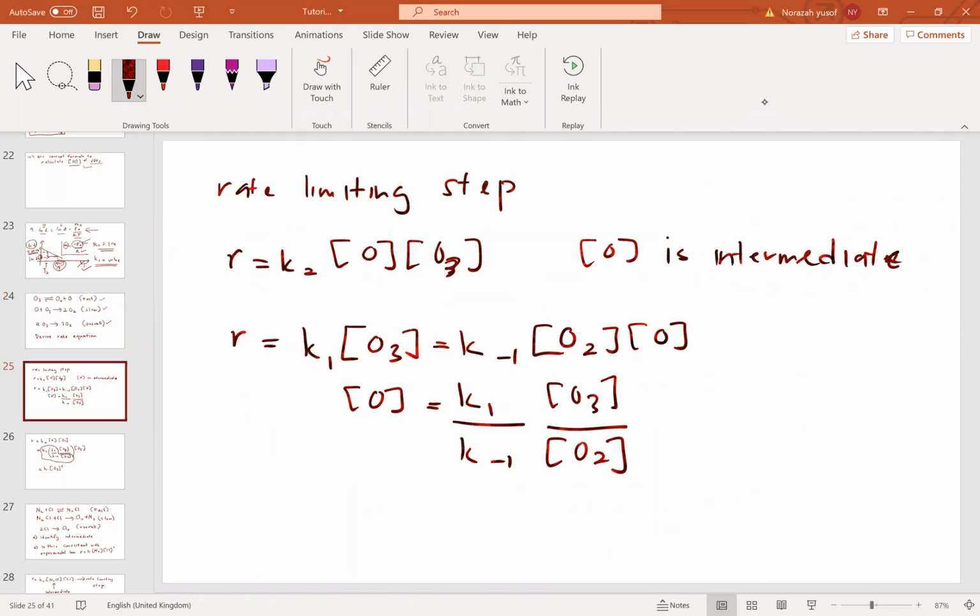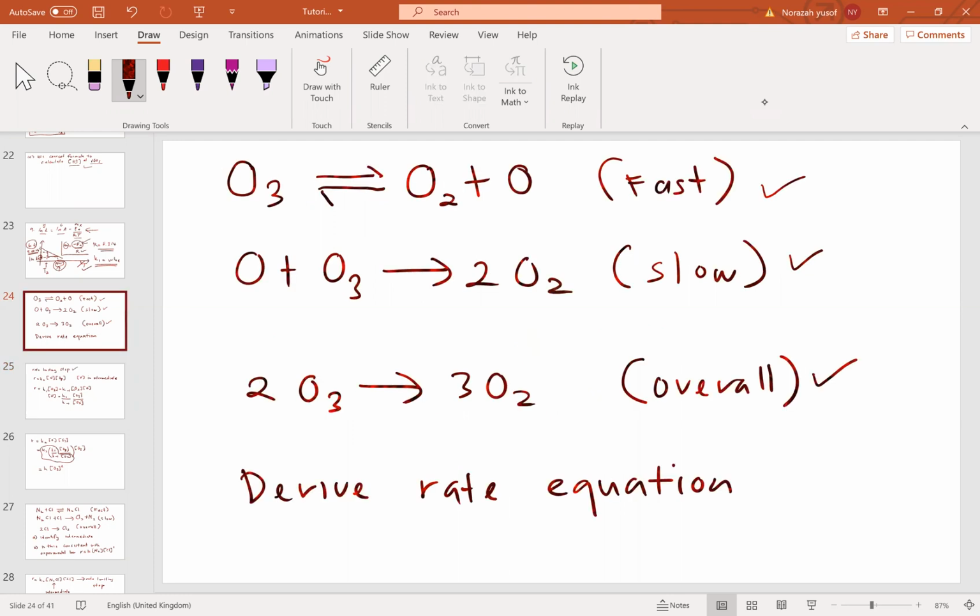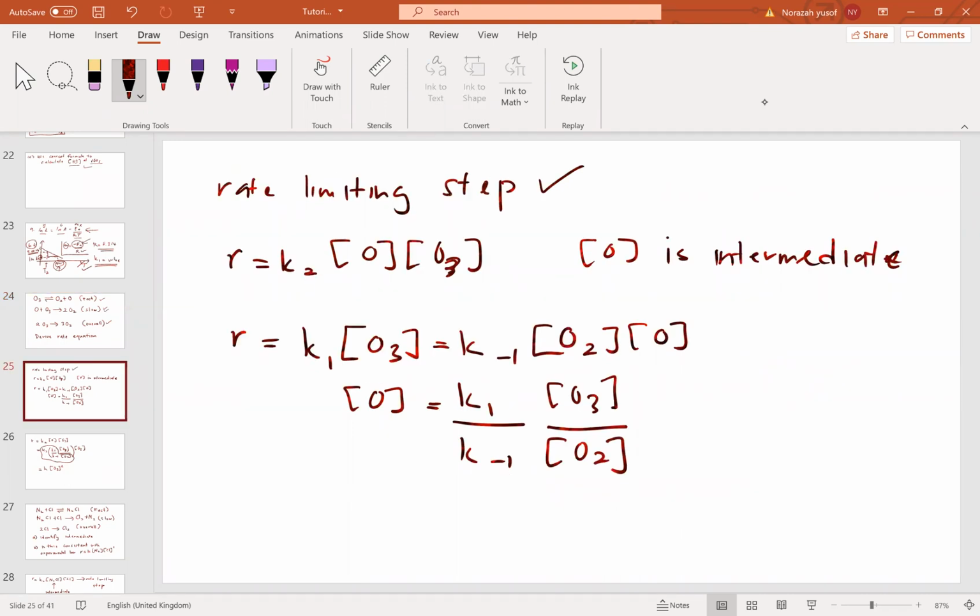So the steps that we have discussed during the tutorial on kinetics, we have to give focus on the rate limiting step. If we look at this, the slowest step is the rate limiting step. Right.